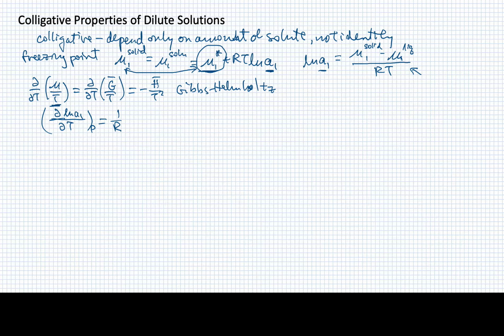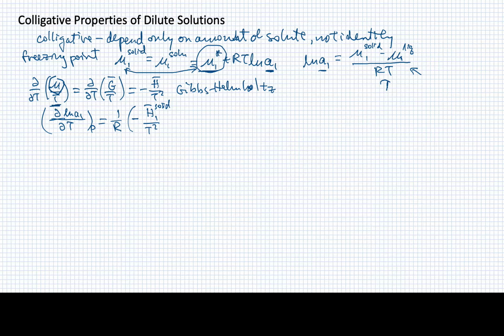And then when I plug in this chemical potential over temperature for the solid and the liquid, I get from the Gibbs-Helmholtz equation that this is equal to the negative of the molar enthalpy of the solid, divided by the temperature squared.